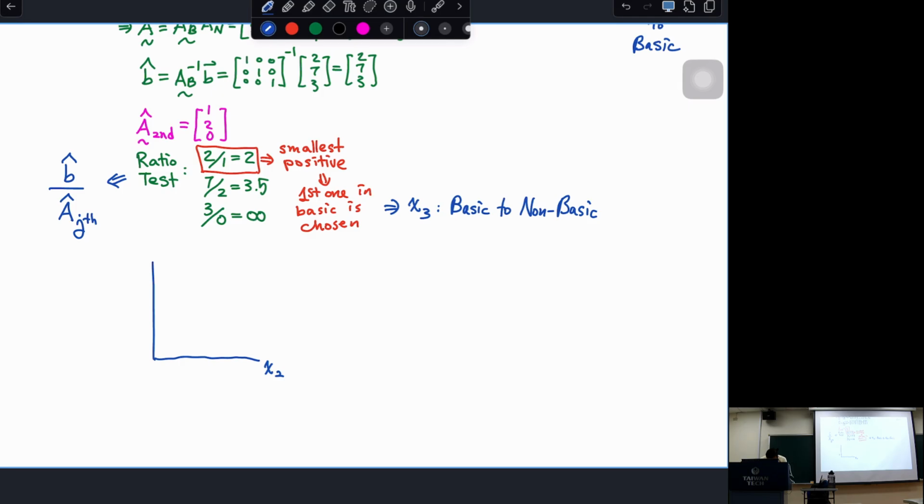One of them is 2, the other is 5, another is 7. So this was X3, this was X4, this was X5. And as I mentioned earlier, the ratio here represents some kind of slope.